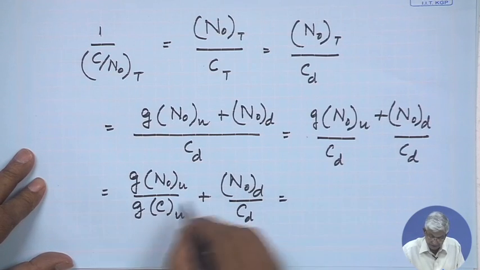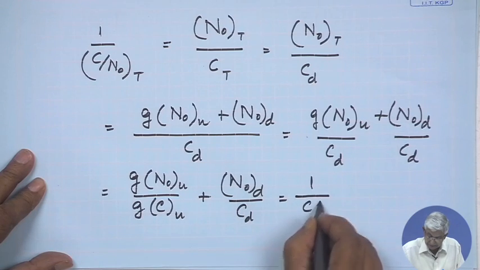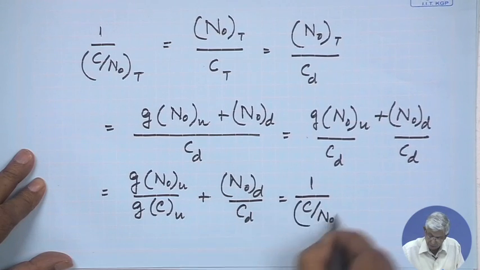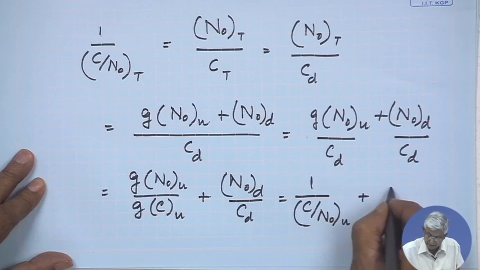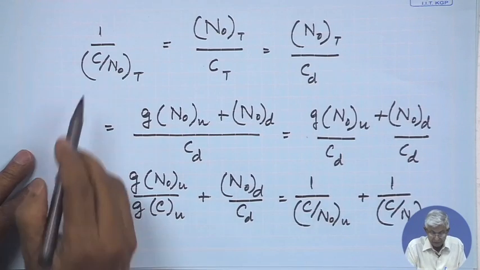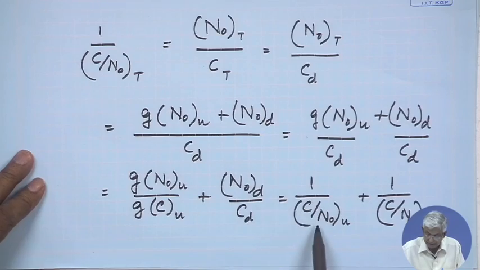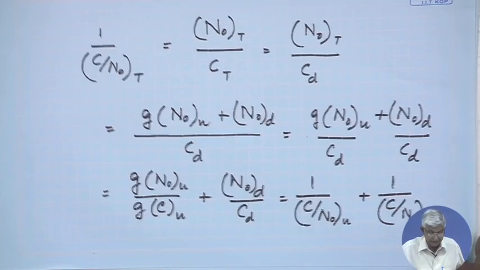So, I can write it in reverse: 1 by C by N0 of uplink plus 1 by C by N0 of downlink. So, 1 by C by N0 total is equal to 1 by C by N0 uplink plus 1 by C by N0 downlink. That is what we get in a bent pipe transponder.